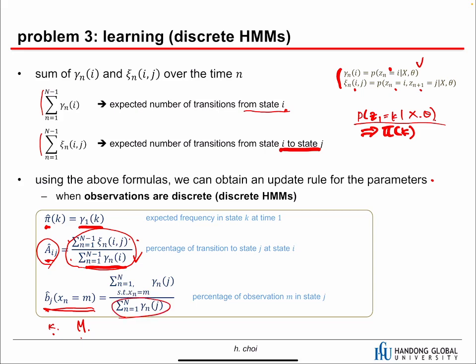So here we have the expected number of transitions from state i, and this one is almost the same as this one except for this condition. So this one says the expected number of transitions from state i where the current observation is m. So this one is the normalizing term, and this one is the expected number of transitions from i where the observation is m. So that is actually the emission probability.